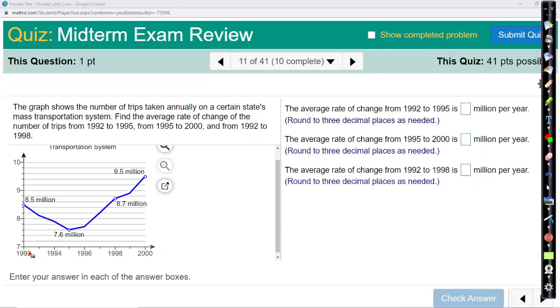92 to 95, we come here. Remember, y over x. So we've got 2 points.